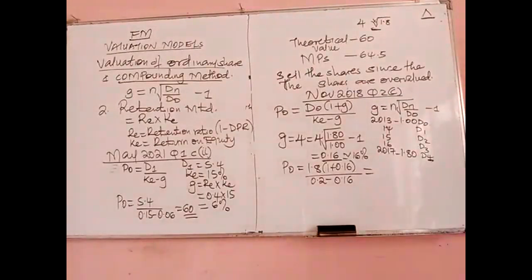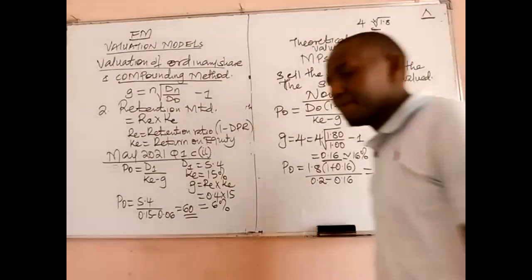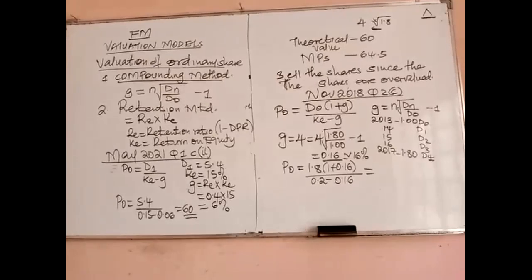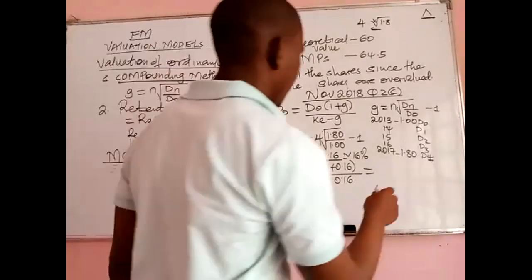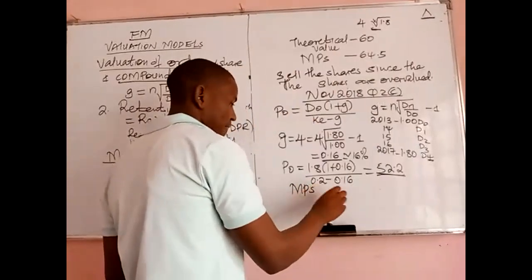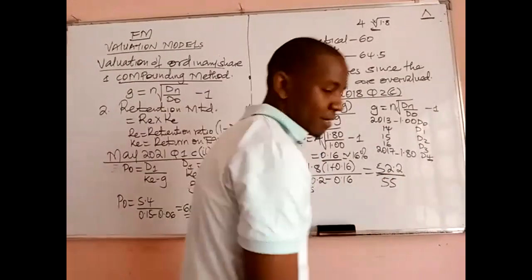It gives you a value of how much? 52.2. That is the theoretical value. What was the MPS? It was 55. Advise the investor.